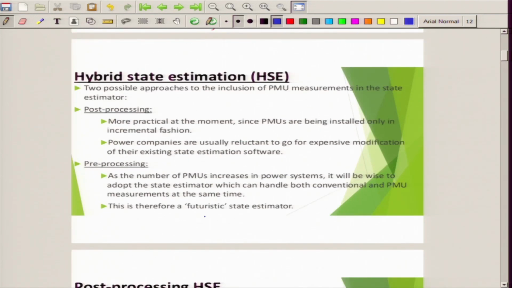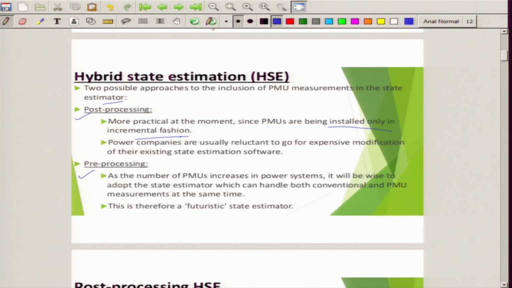So there are two possible approaches to the inclusion of PMU measurements in the state estimator: one is post processing and the second is pre-processing techniques. Post processing is more practical at this point of time, since PMUs are being installed only in incremental fashion. PMU is quite costly as compared to SCADA based measurements.